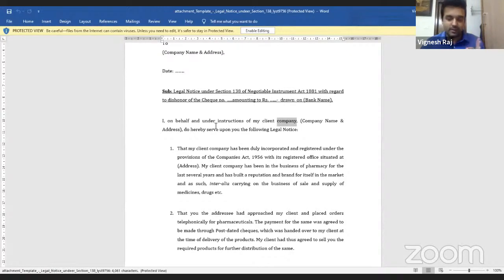And these are the prerequisites, the essentials: when the check was due, the check was in fact presented before so and so bank, and upon presentation, it has been returned along with a memo from the bank stating that the funds were insufficient, or whatever is the discharge memo given by the bank.